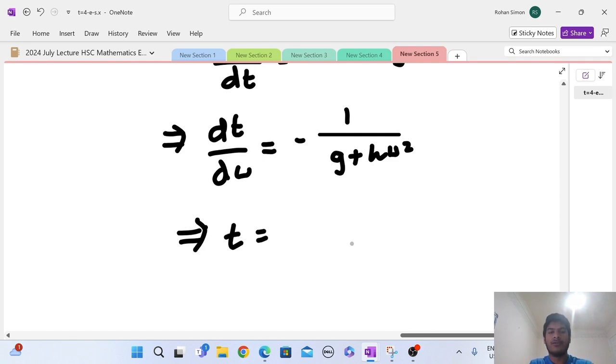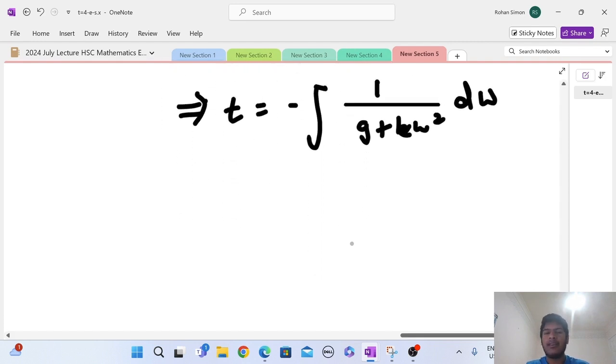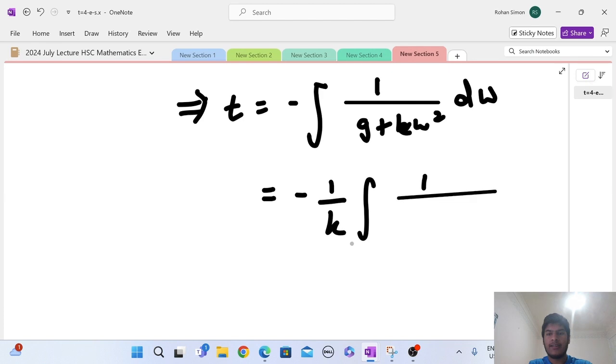Time equals minus the integral of 1 on g plus kw squared dw. Now this may seem like a tricky integral, but if we pull out a factor of 1 on k, maybe it becomes a bit more obvious what this is. It's g on k plus w squared.